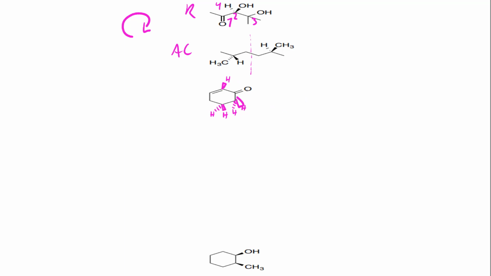Just to recap, if you have an atom that is double bonded to a carbon, that can never be a chiral center. Yes, it could be attached to a carbon that is a chiral center. Like in this case, we had a double bonded oxygen attached to a carbon. However, I didn't say this is my chiral center.